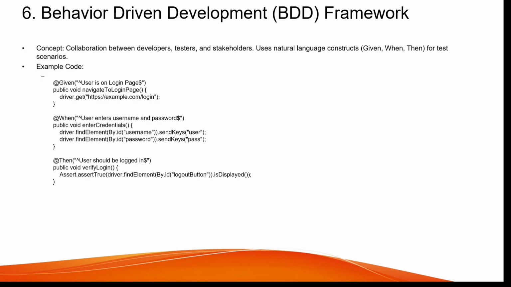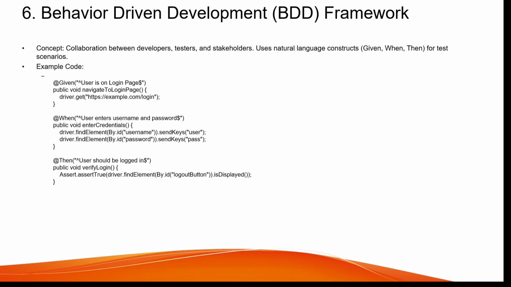And another thing is the latest kind of framework structure, that is the BDD framework. BDD is behavior driven development framework. Mostly it is used with the Gherkin language. We have a bunch of technologies such as Cucumber and REST Assured using this technology, where we have annotations like given, when, then.